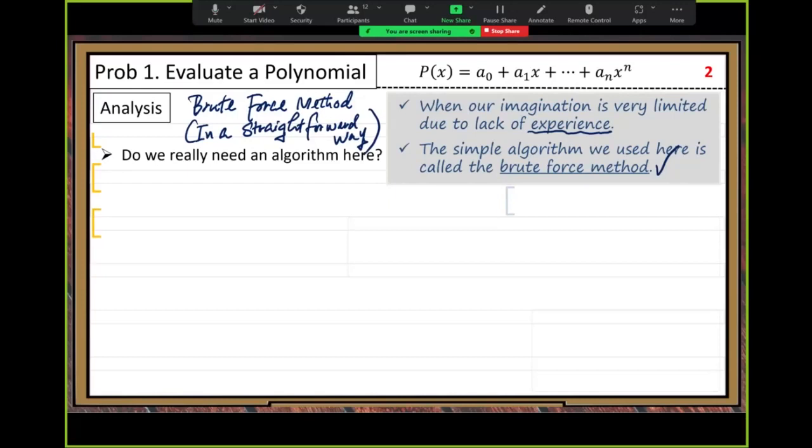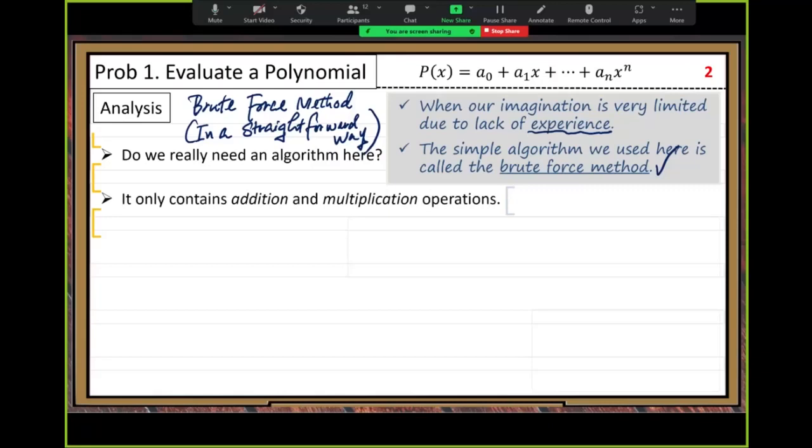Like our first solution, it's a brute force method. But when we do that, at least we get some experience, right? We can understand our computing problem a little more by working the first round. All right.